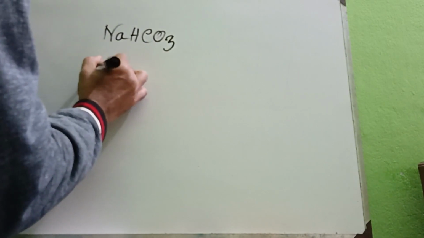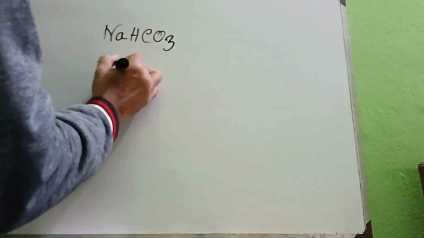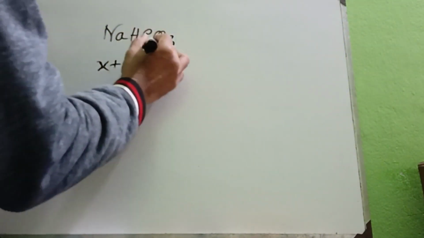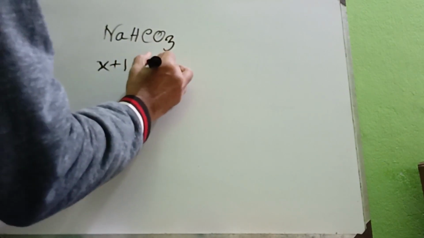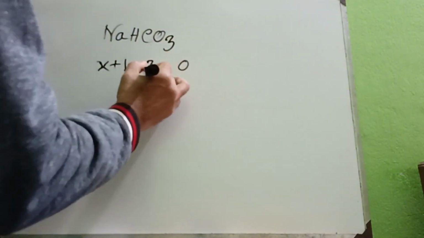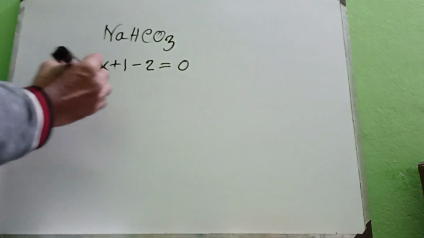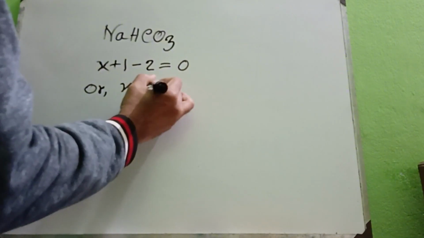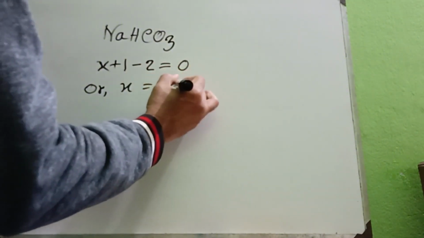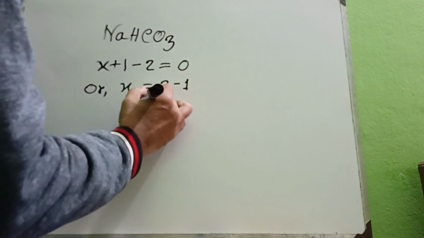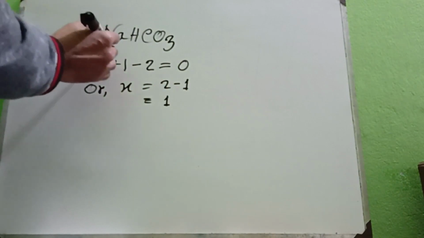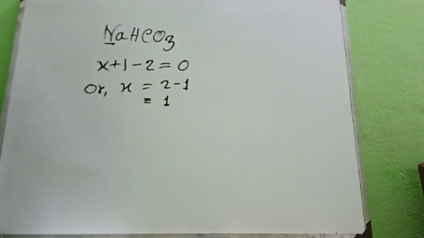X plus valency of hydrogen 1, valency of carbonate -2 equals to 0, or X equals to 2 minus 1 equals to 1. That means valency of sodium equals to 1.